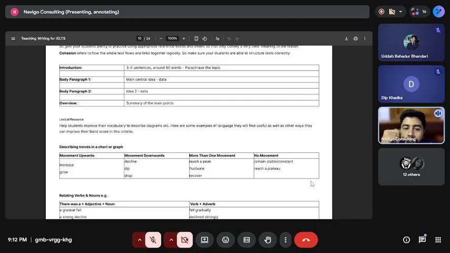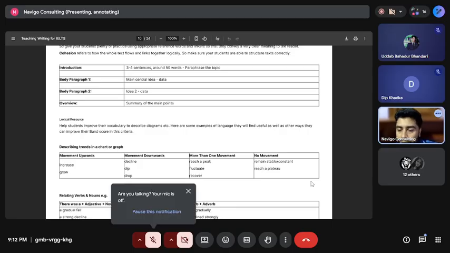And if there is more than one movement, which means it goes up and then comes down, or remains constant, then you use reached a peak, fluctuated, recovered, right? And if there is no movement, then remained stable, constant, reached a plateau, right? What do you mean by plateau? Do you guys know what is plateau?